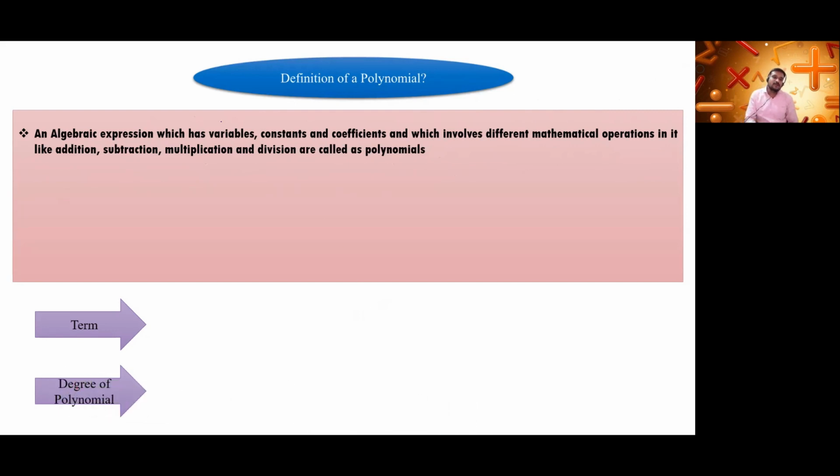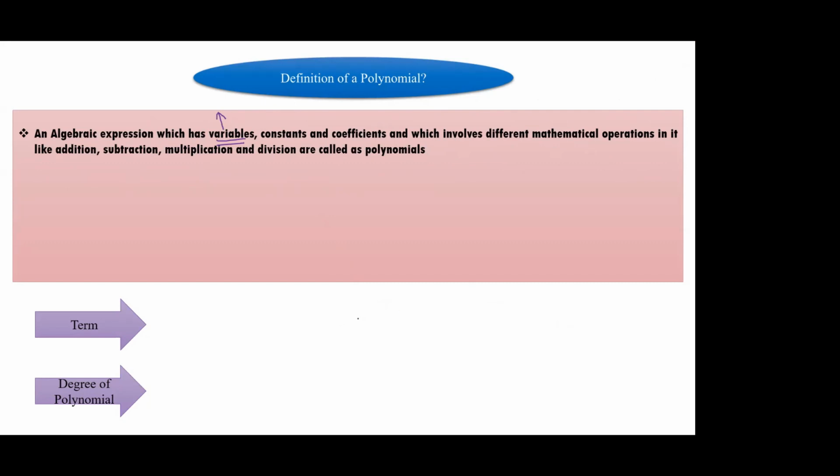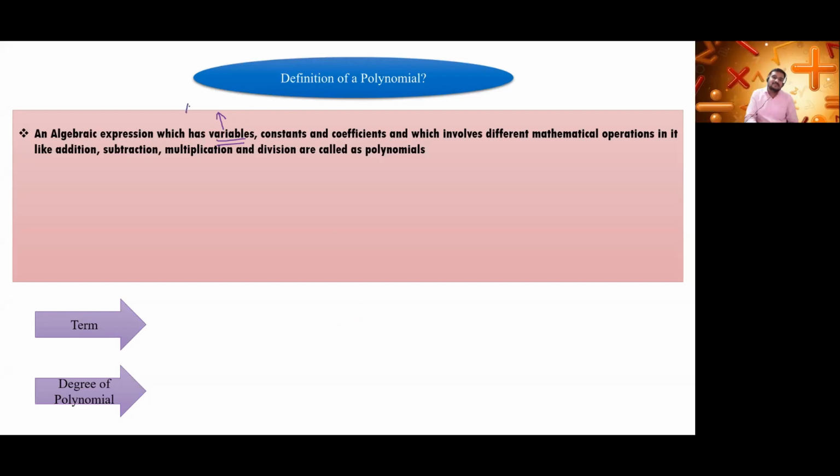So polynomial means an algebraic expression which has variables. Now, what are variables? What do you mean by variables? Yes, Devanshu? Sir, variable means the letters or the alphabets. All alphabets, that day also I told. All alphabets are called variables.